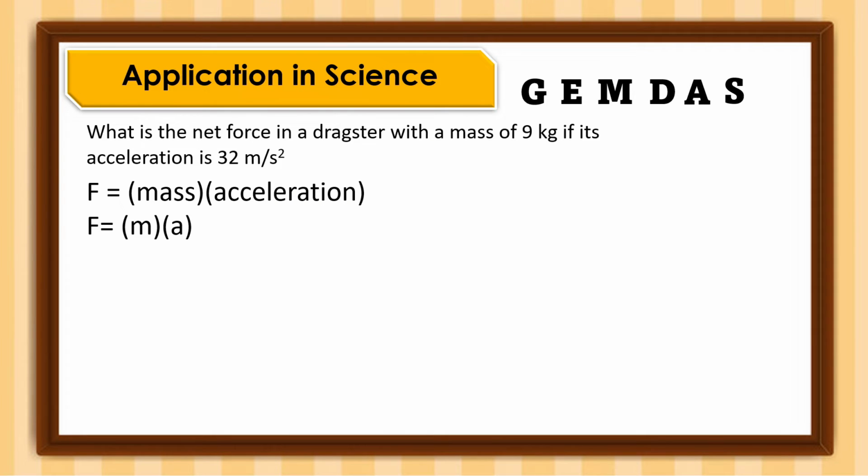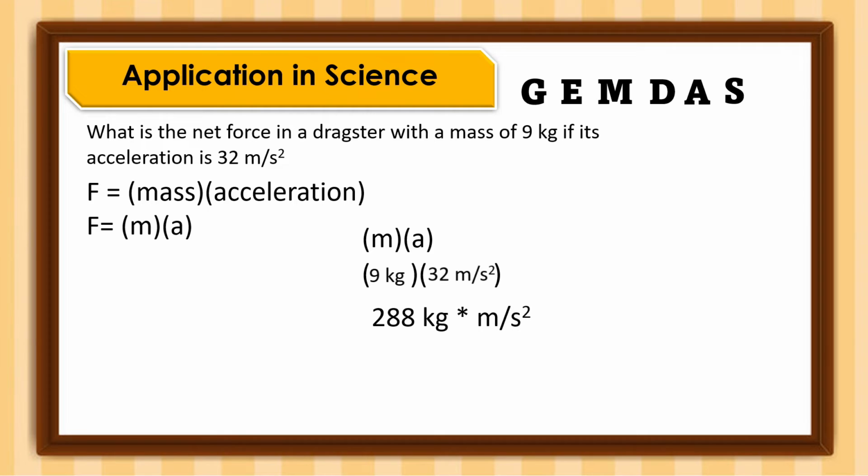So we have a formula: force, or F, is equal to mass times acceleration, or F is equal to m times a. So m times a, that is our working expression, and our mass is 9 kg, and our a, or acceleration, is 32 meters per second squared.